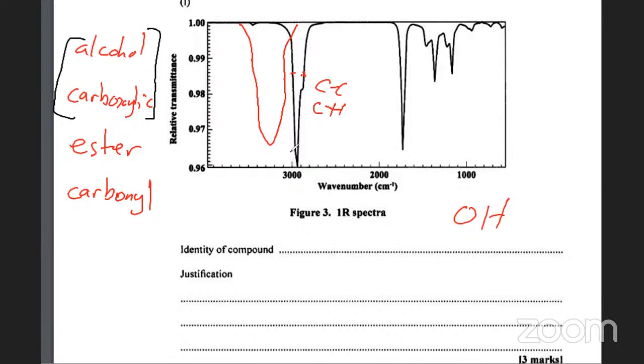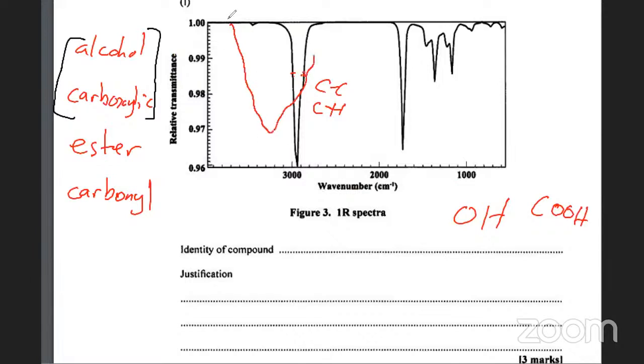Those are CH or CC bonds. So round about 3,000, if you see a narrow peak, that is not an OH, and it is not a carboxylic acid either. If you see a peak that is kind of broad, that's the OH in a regular alcohol.